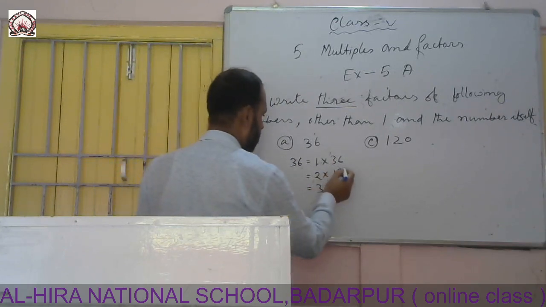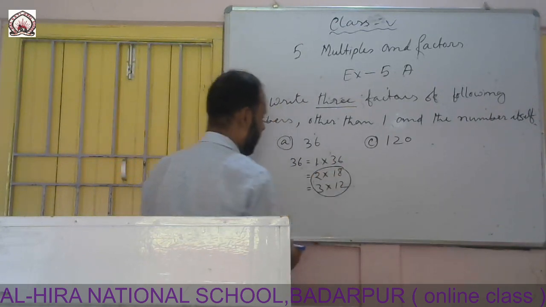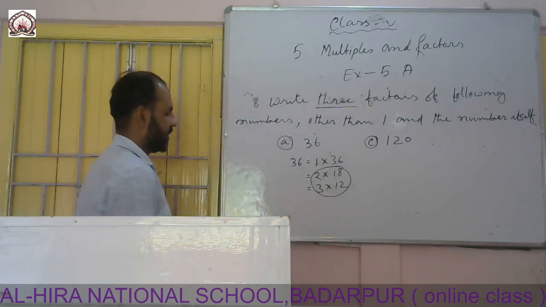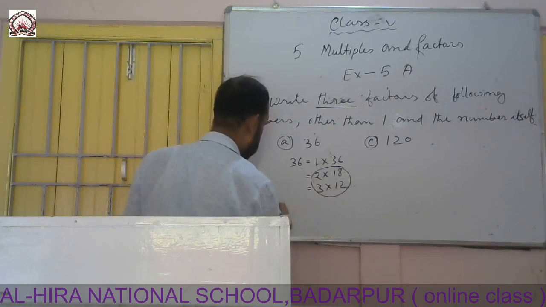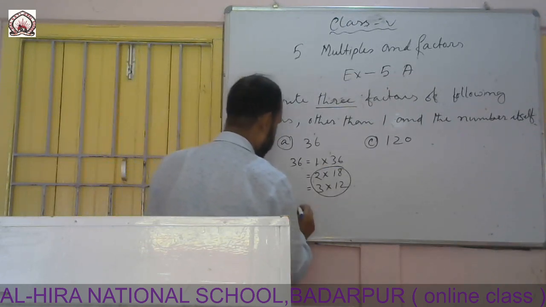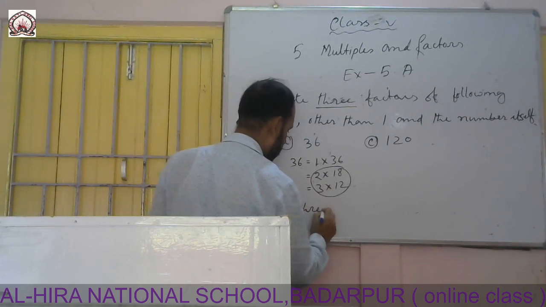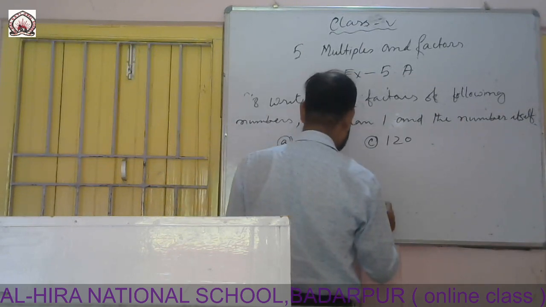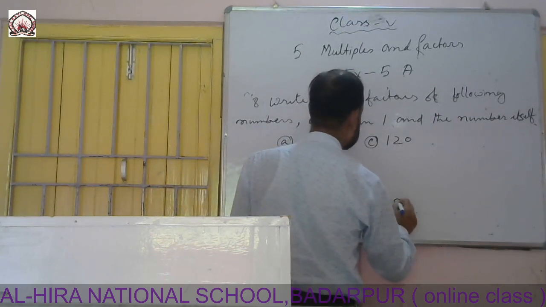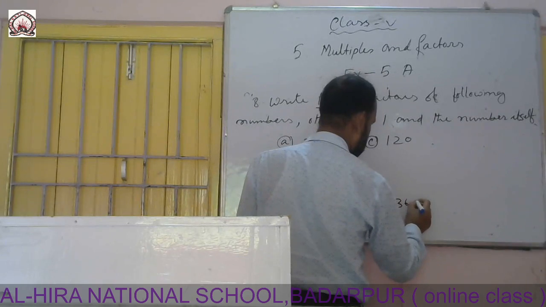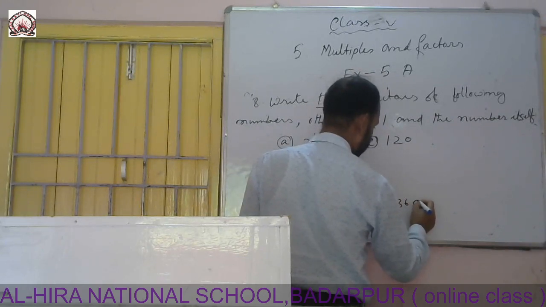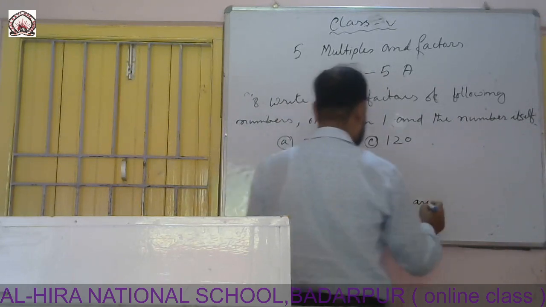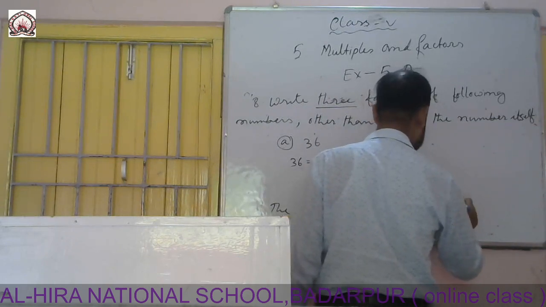Here we get 4, so among 4 we can write 3. Therefore the 3 factors of 36 are 2, 3 and 12.